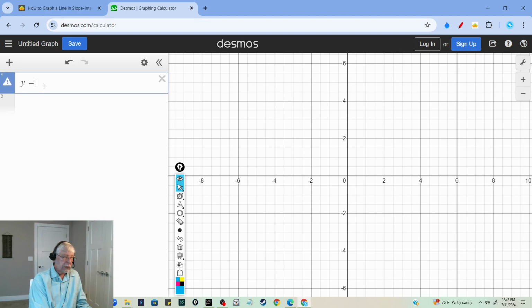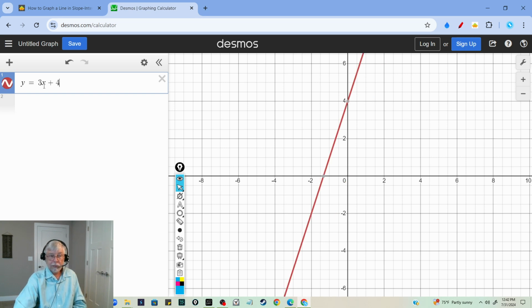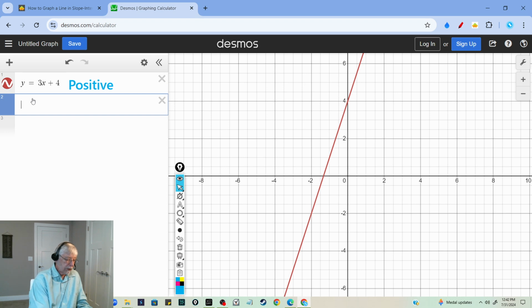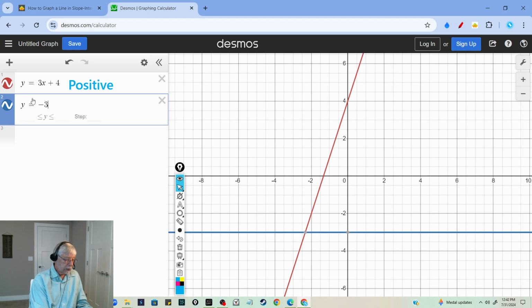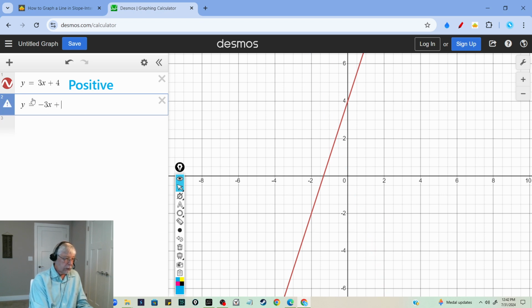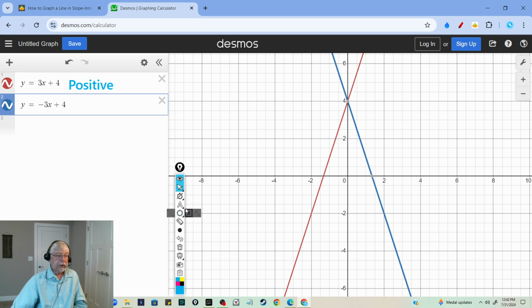If the line goes up from left to right, it's a positive slope. If the line goes down, left to right, it's a negative slope.